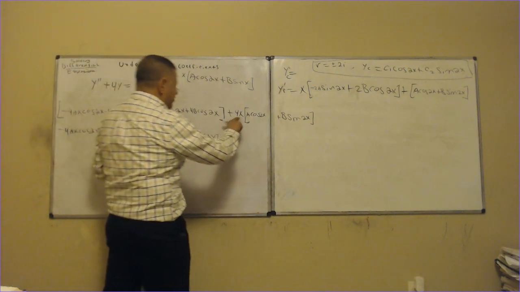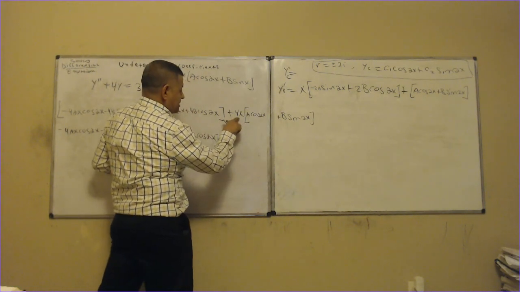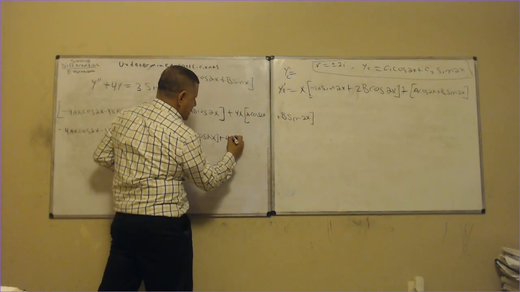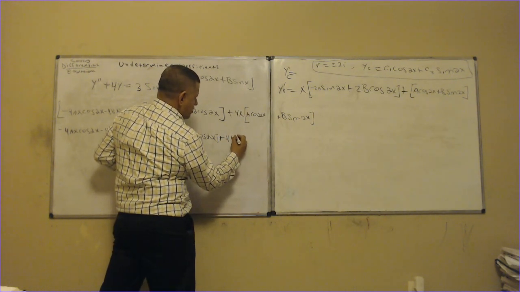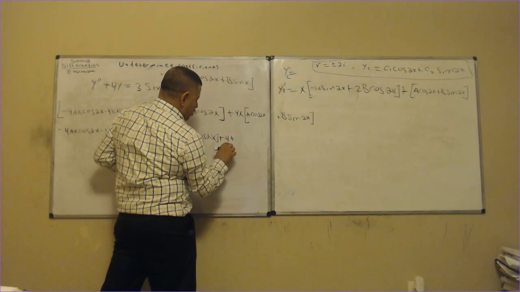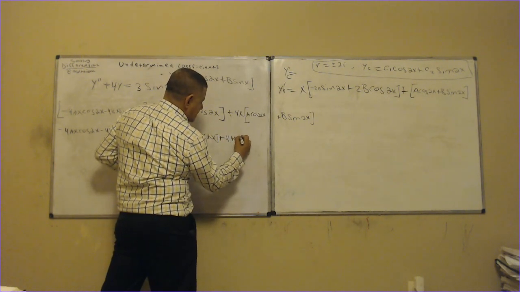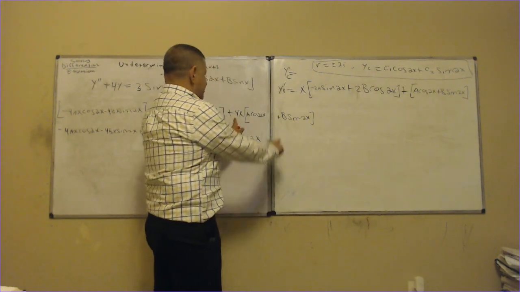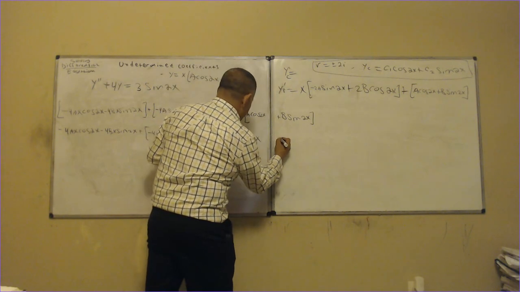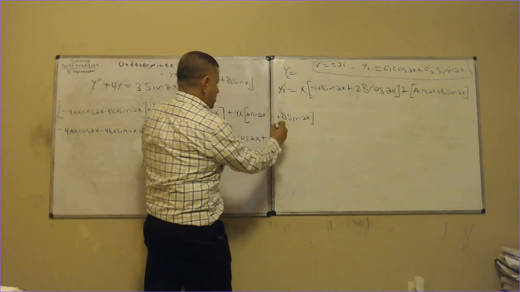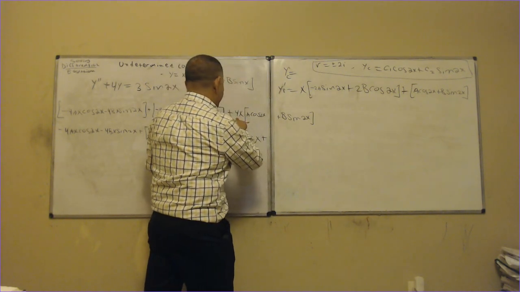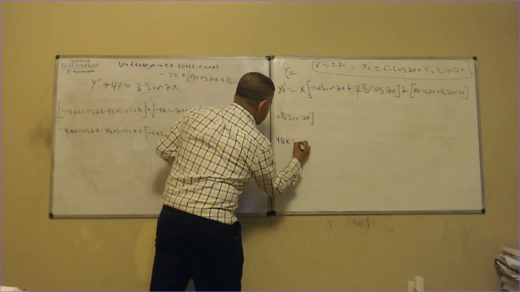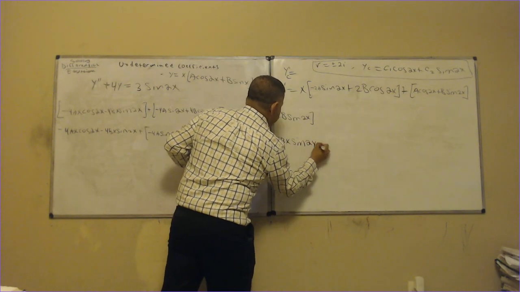Distribute that guy inside right here and get plus what? That is going to be equal to plus a, plus 4ax cosine of 2x, right? And then distribute that with that is going to be equal to plus b, plus 4bx sine of 2x.